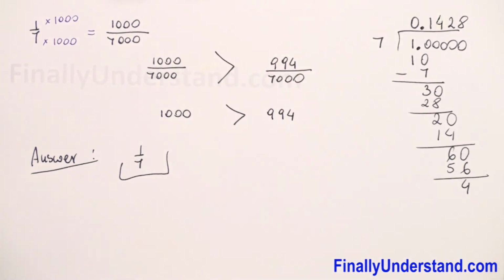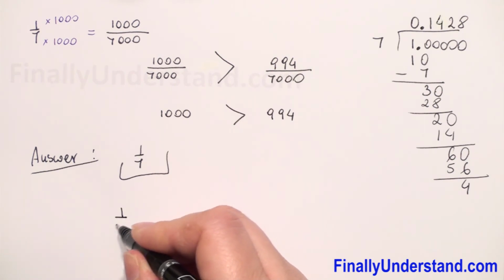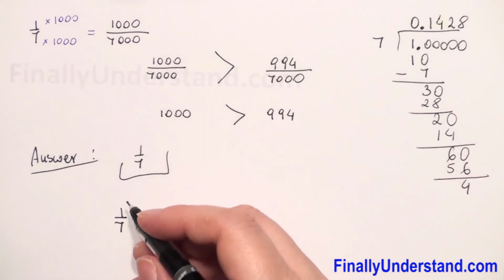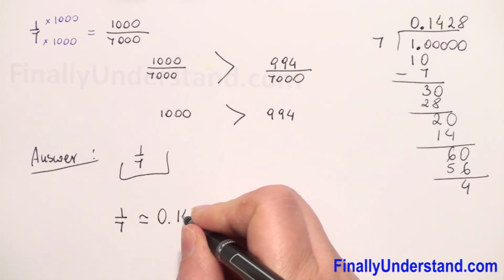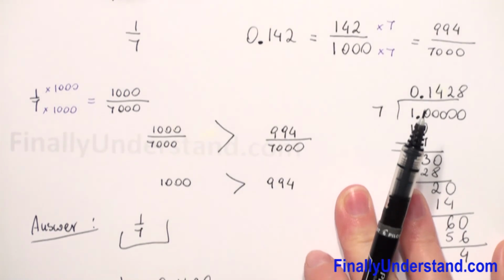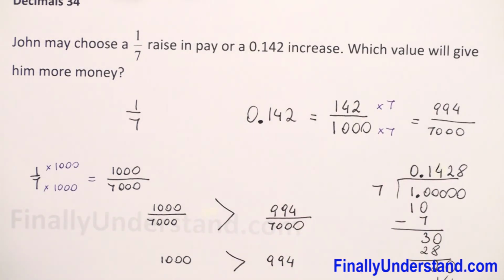So we can write that 1 over 7 is approximately, because we didn't finish the division, 0.1428. And the second raise was 0.142.